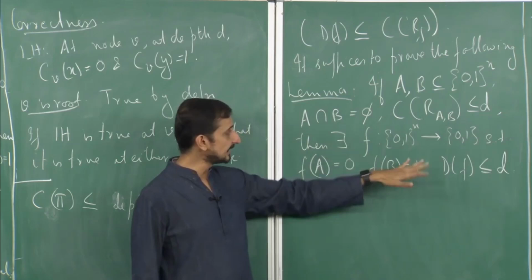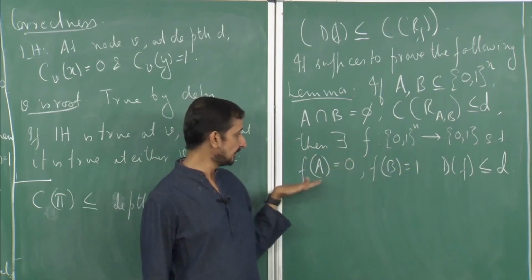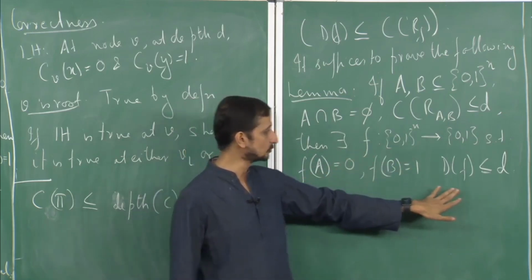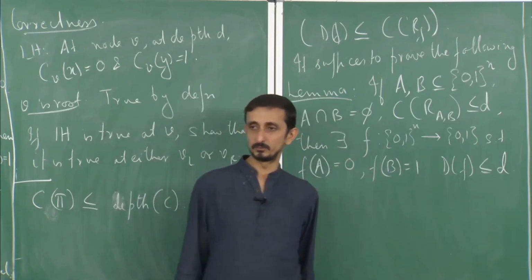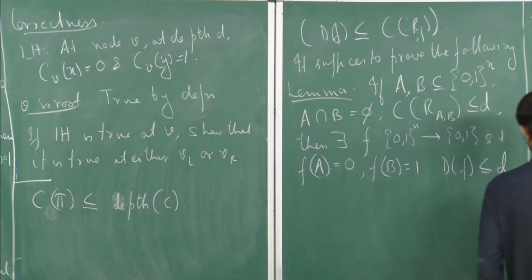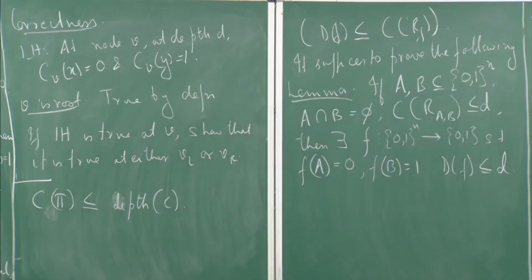Now what this is saying is that there exists a function f such that f of A goes to 0, f of B goes to 1, and D of f is at most D. There is a circuit for f which has depth at most D.